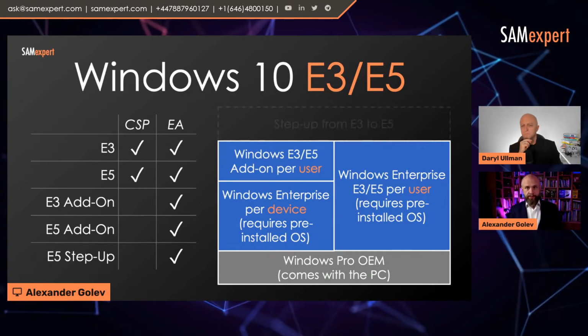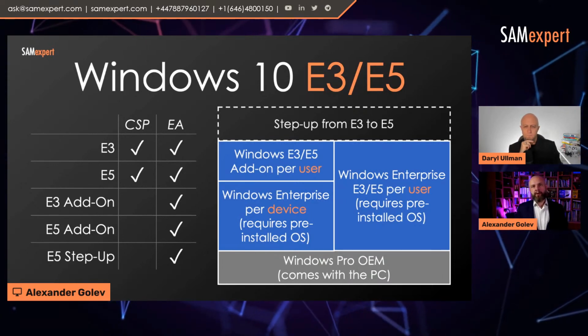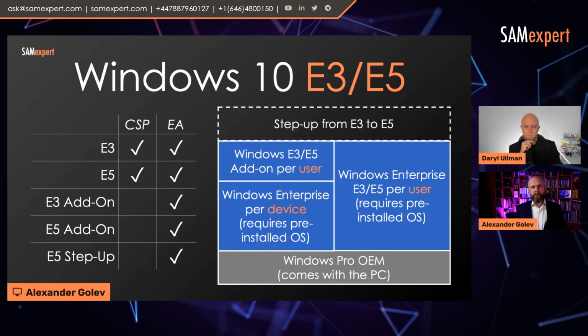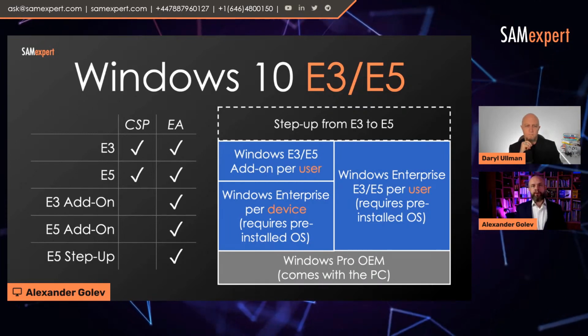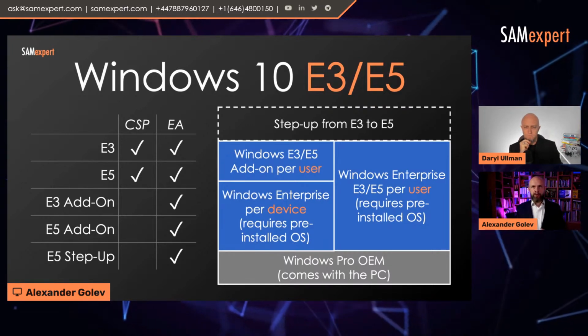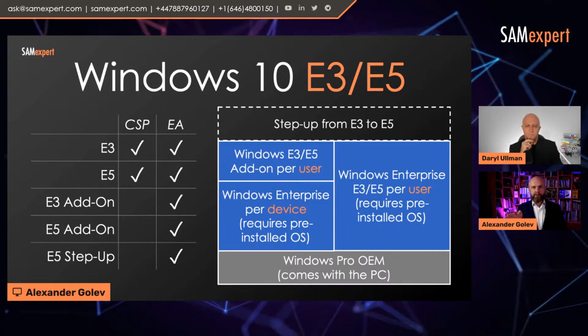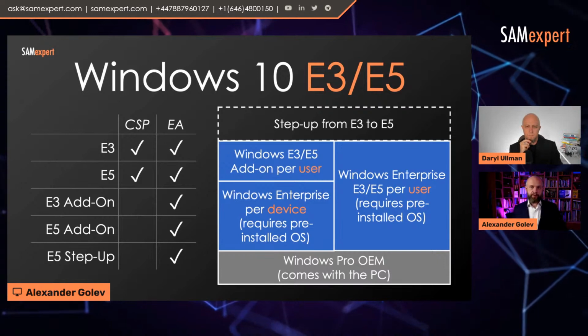Go with add-ons. If you're migrating from a traditional desktop to a modern desktop, and you already licensed users with E3 and want to move to E5, in an enterprise agreement you can buy a step-up license. In a CSP you just cancel E3 and buy an E5 subscription.